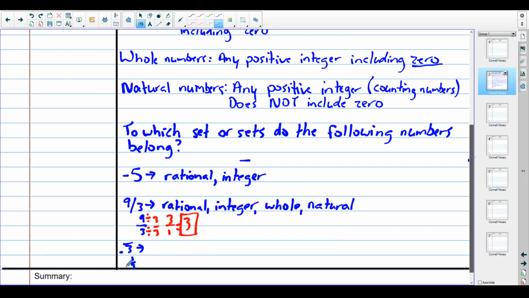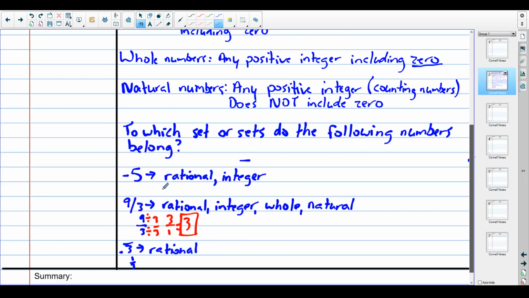And 1/3 is definitely a fraction. So any repeating decimal, you can write as a fraction. Any decimal, repeating or terminating, gets to be rational. Even though it's not a fraction, you can always write it as a fraction. You don't even need to know what the fraction is, you just need to know it is indeed a fraction of some sort.